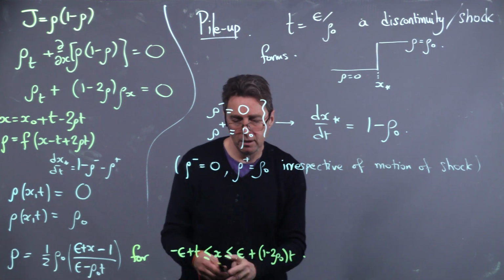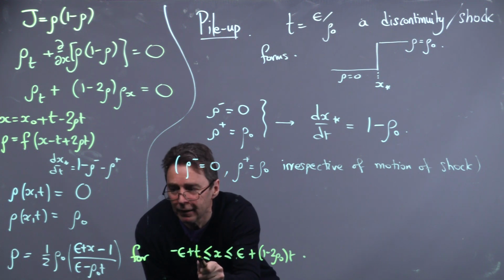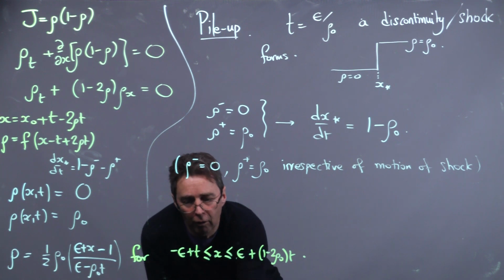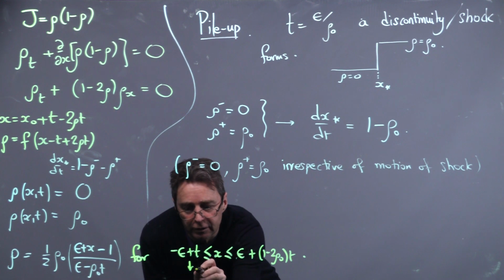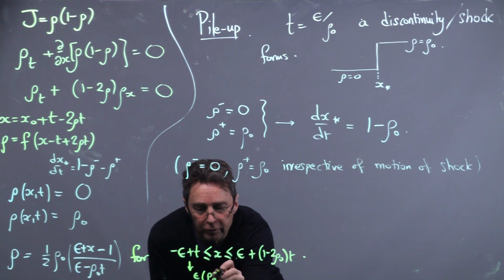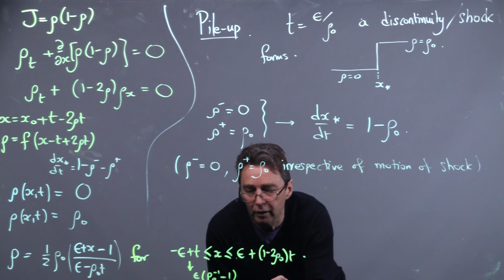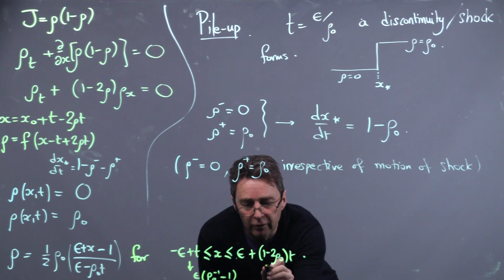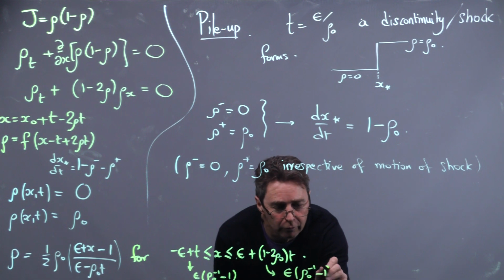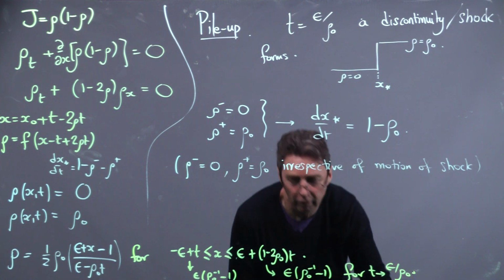That was that interval. And actually what you can see is that when t is equal to epsilon over rho naught, that one approaches epsilon rho naught to the minus 1. If I do the same thing here, I find that this also approaches epsilon rho naught to the minus 1, minus 1. That's for t going to epsilon over rho 0.